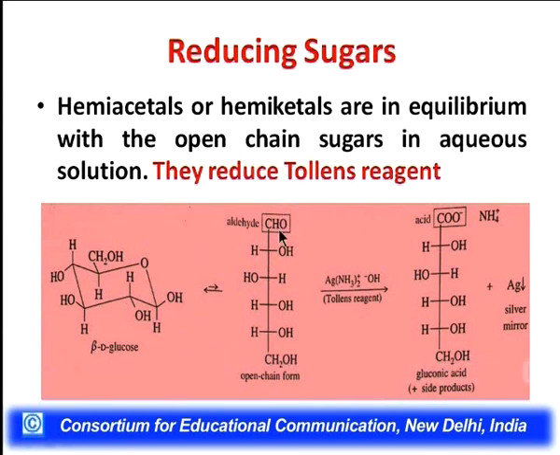Although the amount is very small, as we discussed in mutarotation, where the beta form is 64%, alpha is 36%, and the open chain is just 0.02%, this will react with Tollens reagent and give the silver test. The aldehyde group will be oxidized to a carboxylic group.